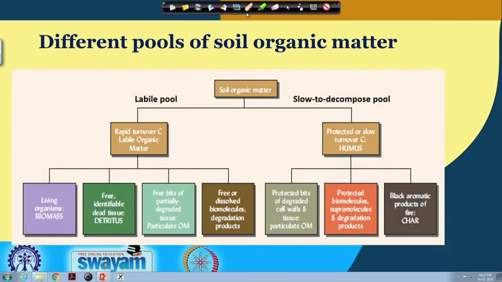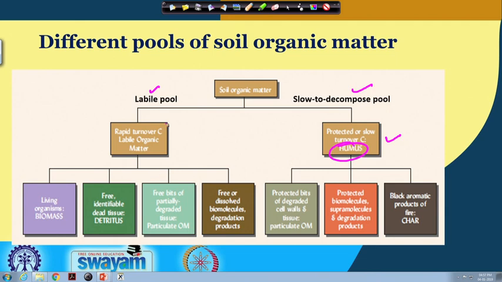If we divide the soil organic matter into a labile pool and a slow-to-decompose, or stabilized, pool, the labile pool shows rapid turnover of carbon, whereas the slow-to-decompose pool shows protected or slow turnover of carbon. We know that humus is the protected, slow-turnover carbon; it is a kind of stabilized product.